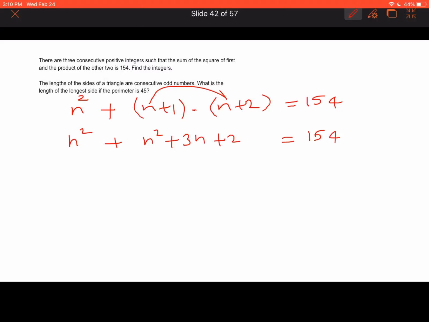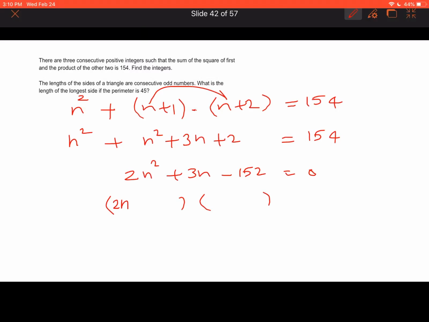Now we have to simplify this. We will write 2n square plus 3n minus 152 equals 0, right? So this will get into two factors. The first factor should have a 2, right?